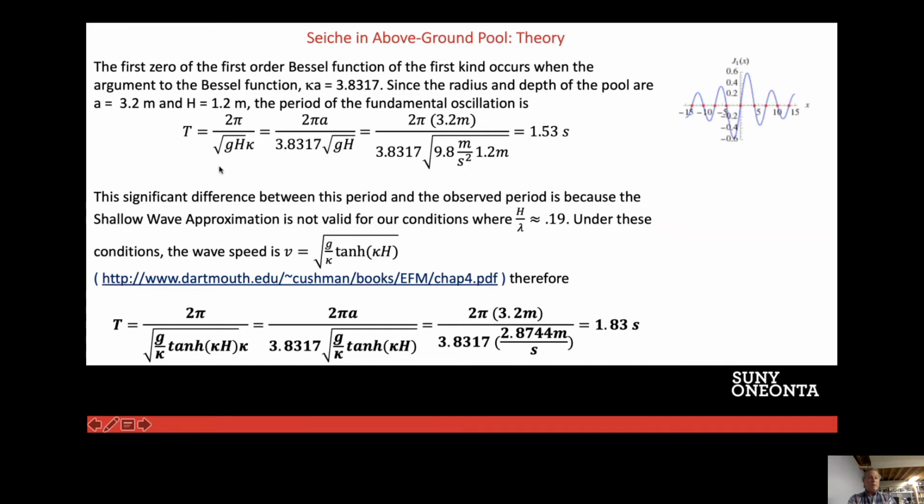And so if we do this same calculation up here with the new speed, we come out with 1.83 seconds, which is approximately a 7% difference from what we observed in the pool.